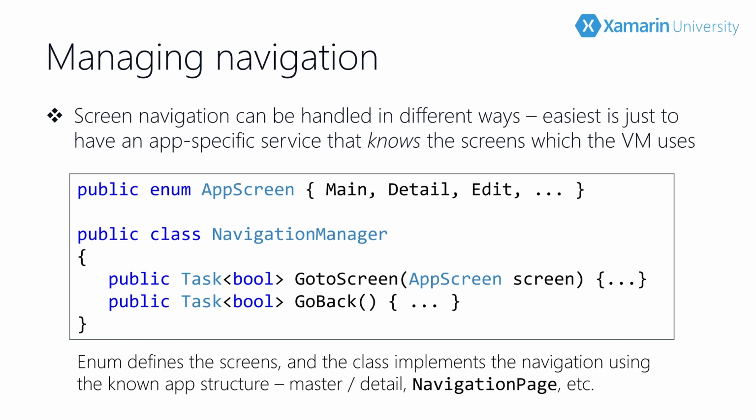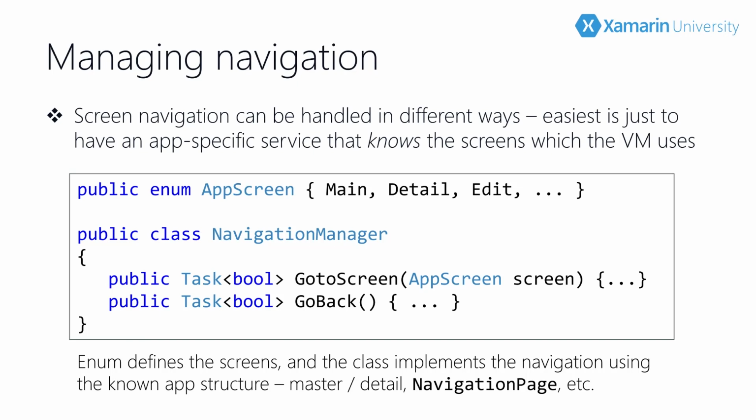A simple way to manage this is to create a specific navigation service that has methods to display different screens. And it has knowledge of the screens, and therefore it can use the platform APIs, but it exposes those methods in a platform-agnostic way so that we can mock the service out for testing and we can replace it for different platforms. You can see an example of this here.